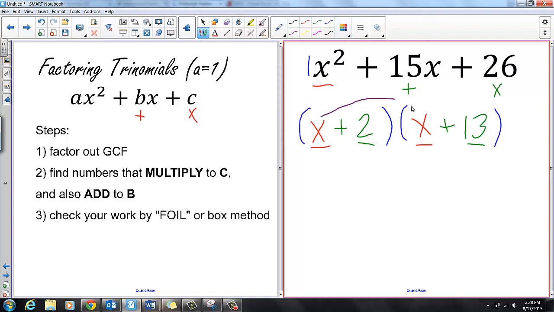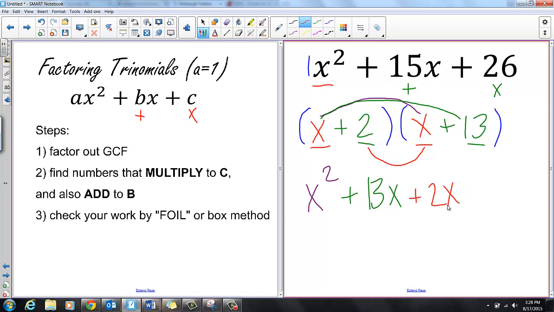Let's multiply x times x, gives me x squared. Let's do x times 13, that gives me 13x. Let's do 2 times x, that's 2x, and then 2 times 13, which is plus positive 26. So when I combine all these back together, I get x squared.